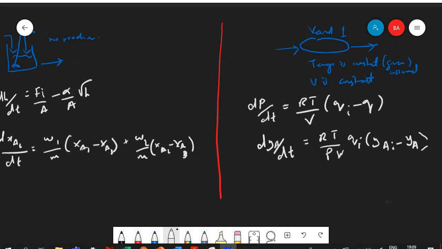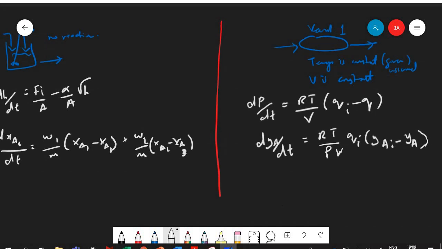So these were the equations that we have obtained so far.